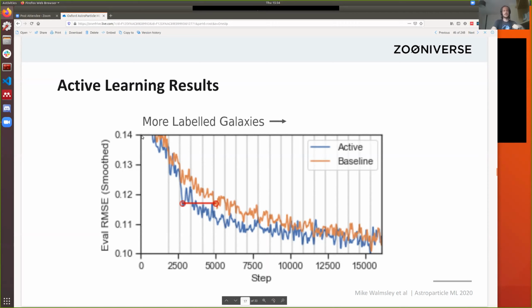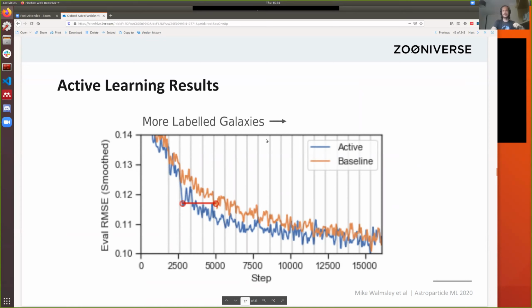This is error on the y-axis, so lower is better. So we're performing much better, like 50% better, after far fewer galaxies. Or to put it another way, we get to the same level of performance having acquired half as many galaxies.